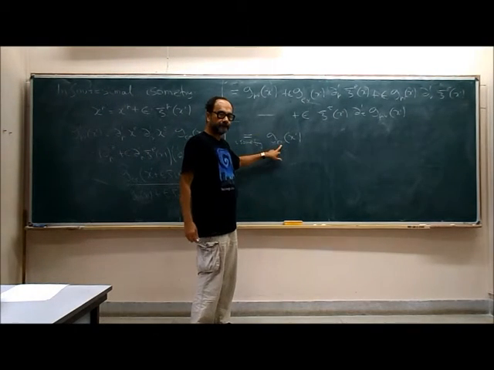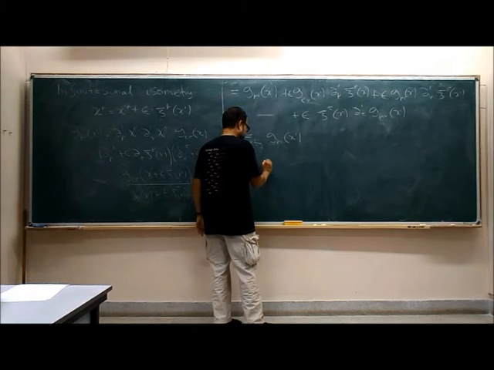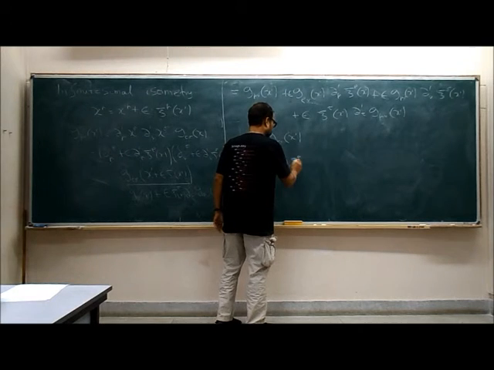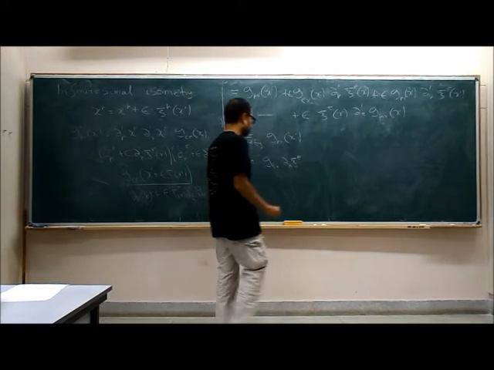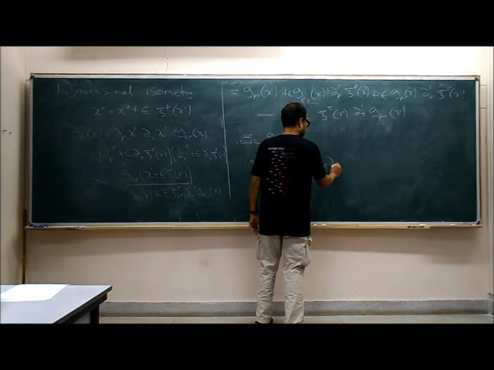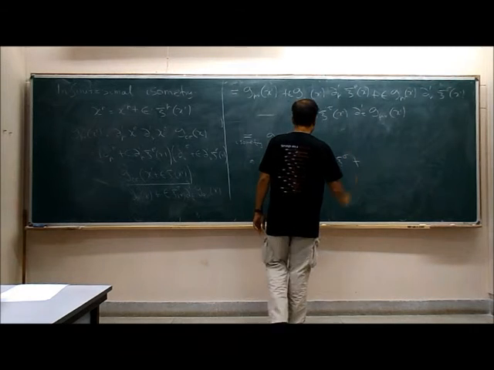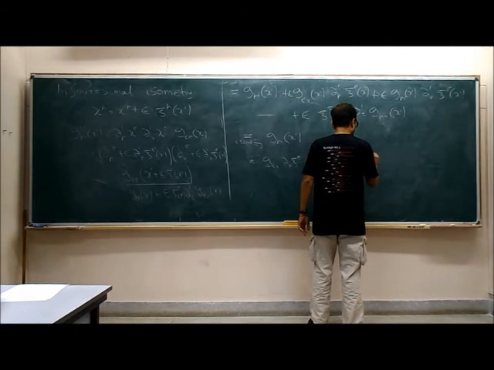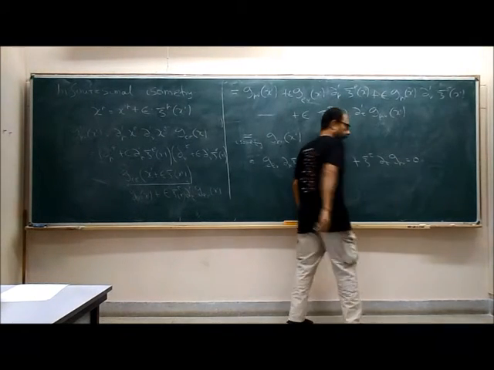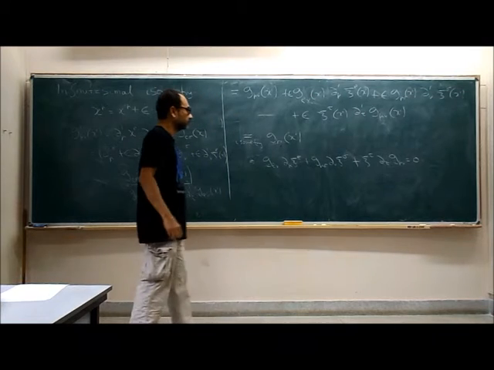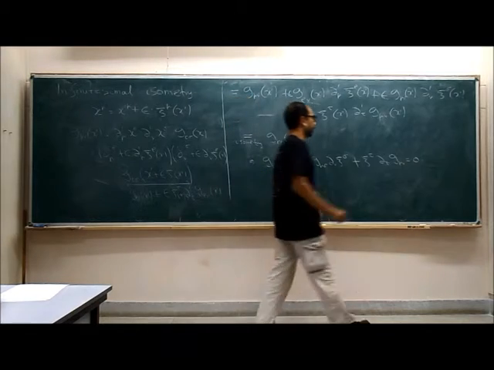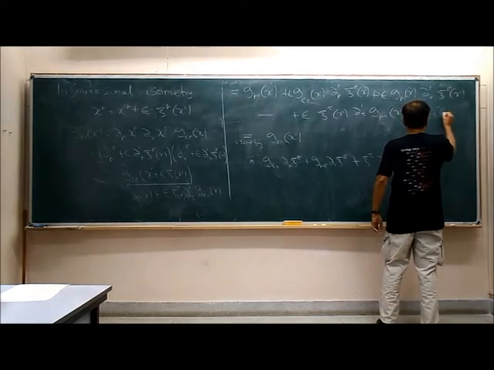So these two cancel, and we get g_ρν ∂_μ ξ^ρ, I am not even writing the argument, plus g_μσ ∂_ν ξ^σ plus ξ^τ ∂_τ g_μν equal to 0. All the other terms are order epsilon squared, which you don't care about.